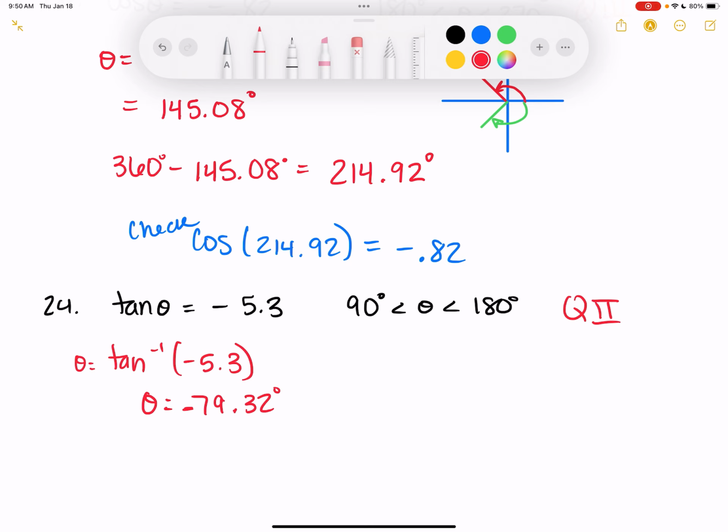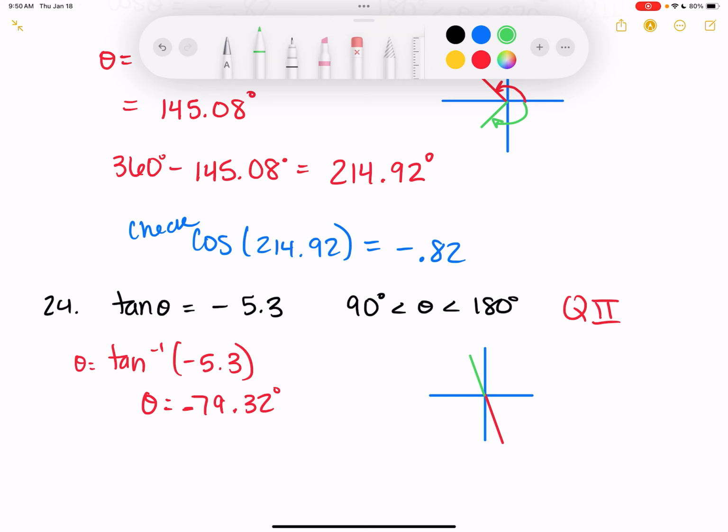All right, so now this value that they gave me is down here, but I need one up in quadrant 2. So what makes the most logical sense to get me from here to here? Adding, subtracting, how much? It's like halfway around, so how much would that be? 180.